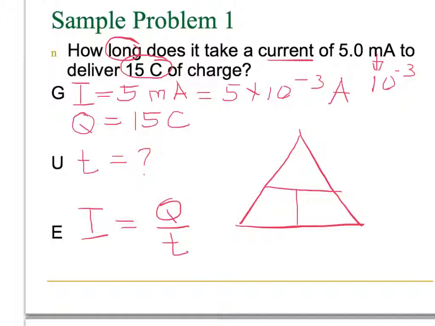So at the top, we fill the Q. On the left side, the I. On the right side, the T. So if we are looking for T, we divide Q by I. That would be the T.